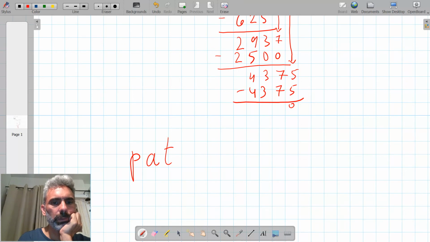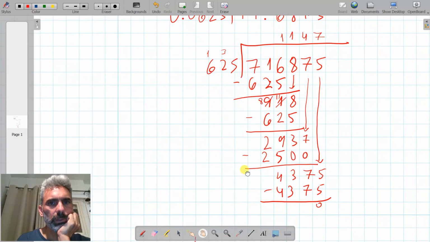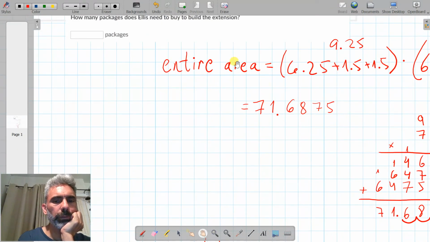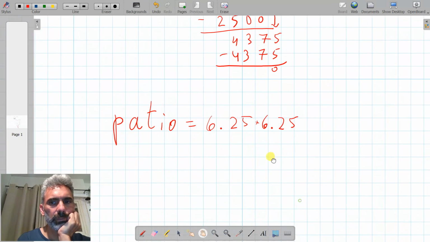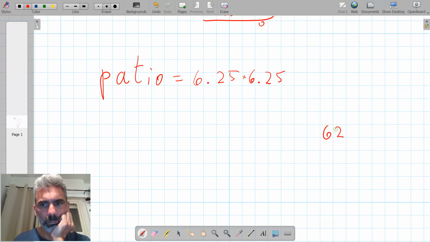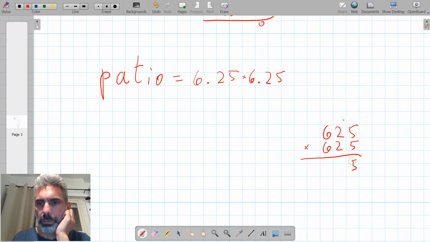So the patio is 6.25 times 6.25. 5 times 5 is 25. 5 times 2 is 10, plus 2 is 12. 5 times 6 is 30, plus 1 is 31. 2 times 5 is 10. 2 times 2 is 4, plus 1 is 5. 2 times 6 is 12.